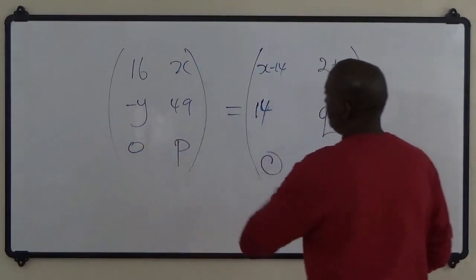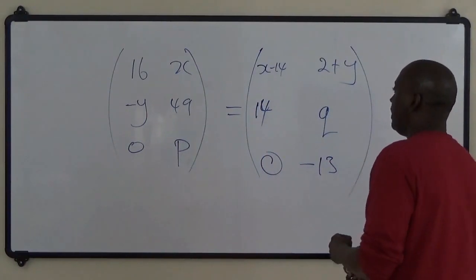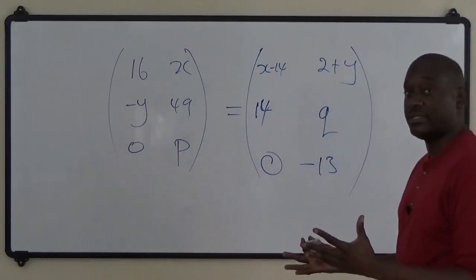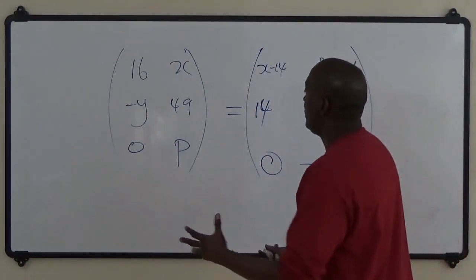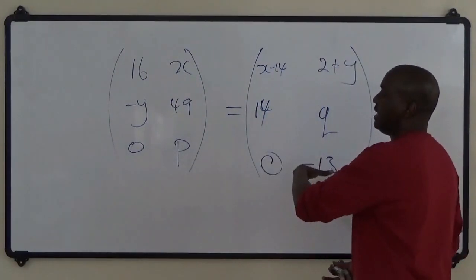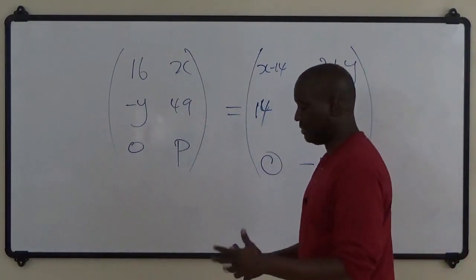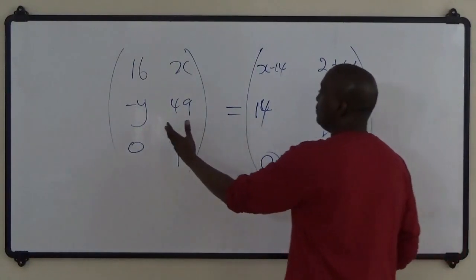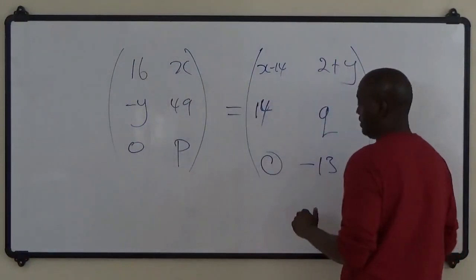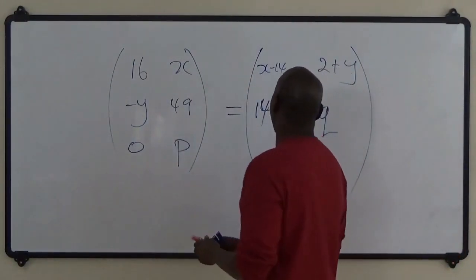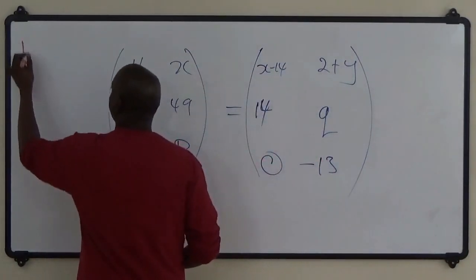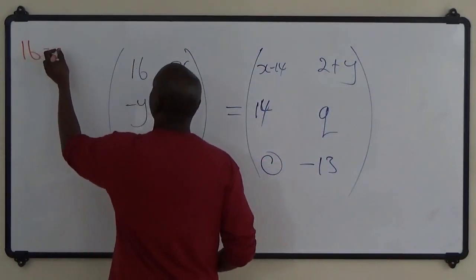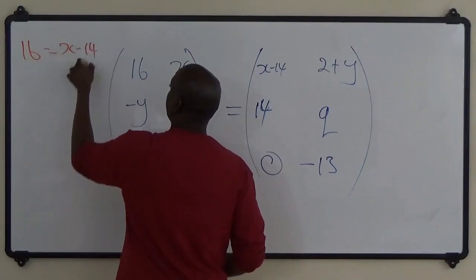So suppose we have a situation like this, where we have two equivalent matrices, and we have some unknowns sprinkled inside there, and we need to find the values of these unknowns. So again, all you need to do is equate the corresponding elements. So we know, for example, that 16 is equal to x minus 14.